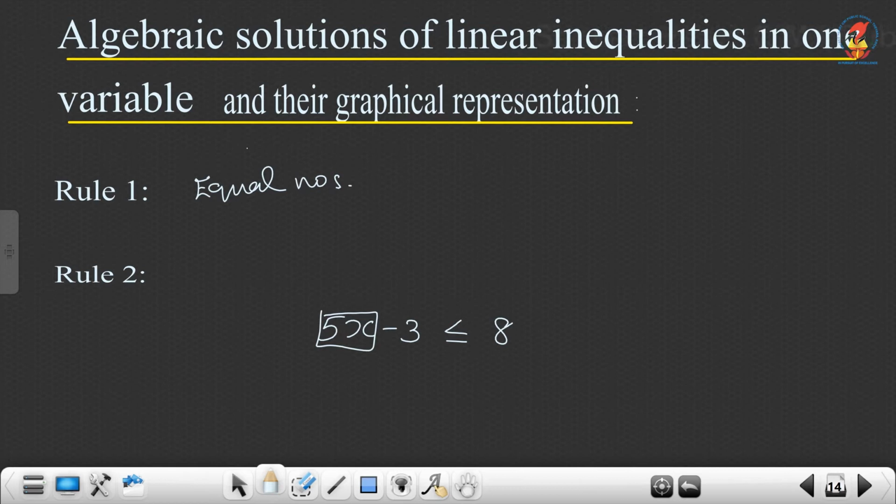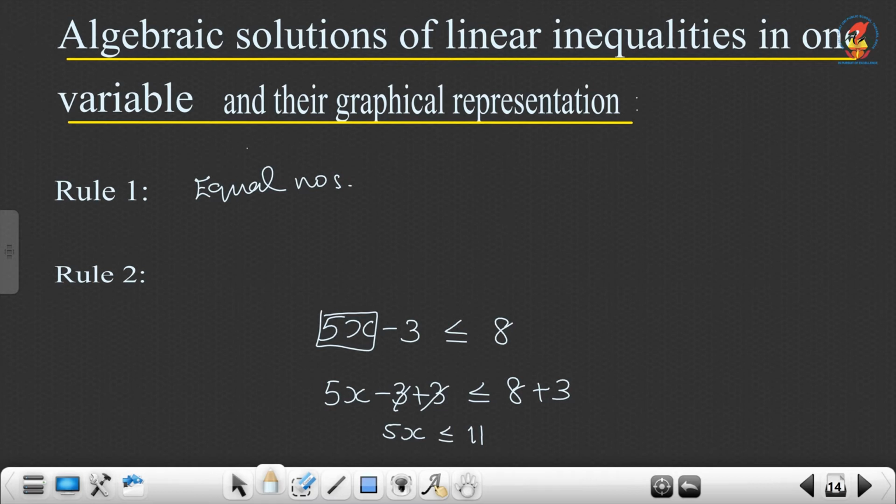So this minus 3 we don't want here. So what we do is, if we add 3, this minus 3 and plus 3 cancel. So right hand side also you have to do 8 plus 3. Both sides you can add the same number. So this cancels. So 5x is less than or equal to 11.